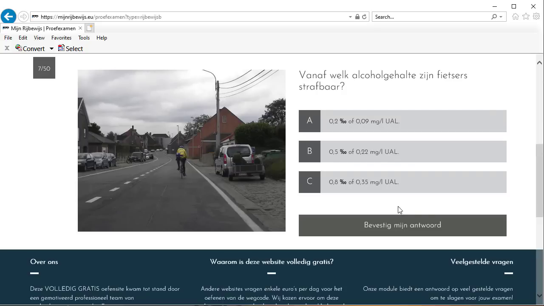I'm not very sure of this answer, but I think it should be 0.22 milligram per liter.